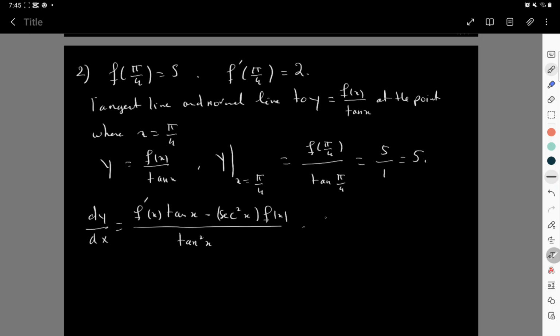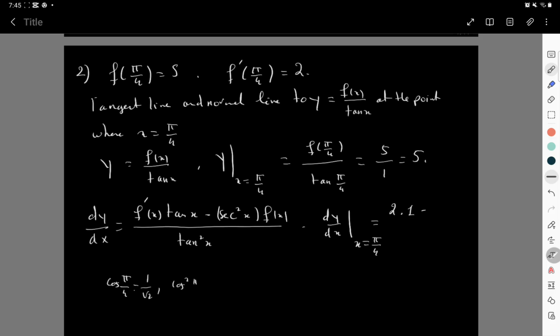So dy by dx at pi over 4, what is that equal to? I have to compute the slope, so I need the derivative. F prime of pi over 4. What is f prime of pi over 4? This is 2. Tangent pi over 4 is 1. Secant squared pi over 4. What is that? So I know that cosine pi over 4 is 1 over root 2.